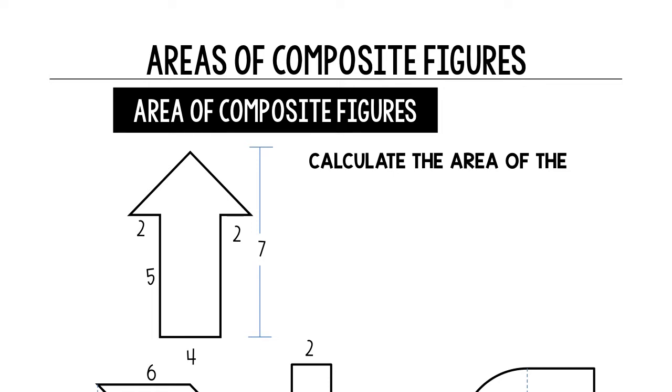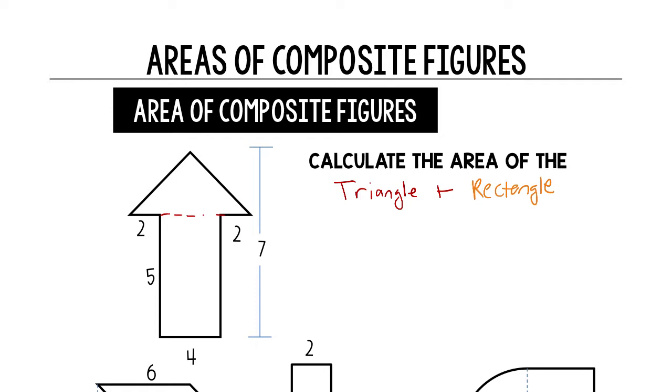Area of this, I'm going to call it an arrow because let's be honest, that's what it is. But we're going to think of it as a triangle plus a rectangle. Let's do it like this. So we'll do the triangle calculations in red, the rectangle in orange.